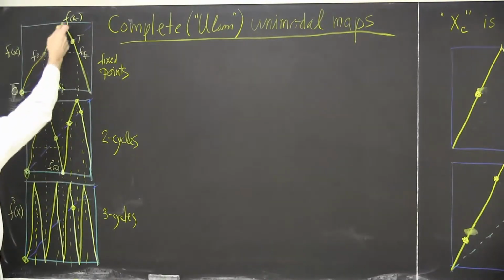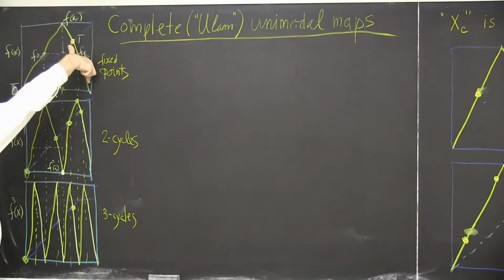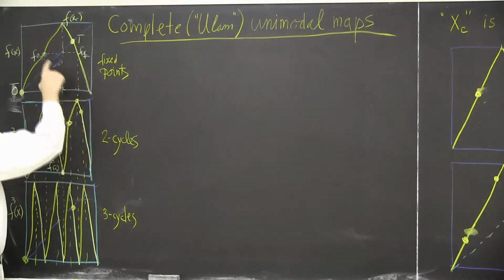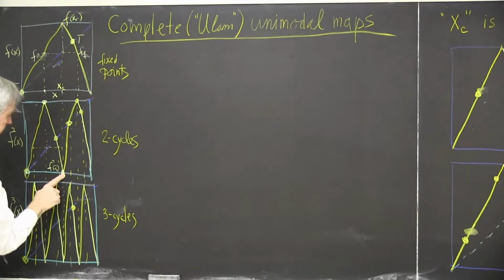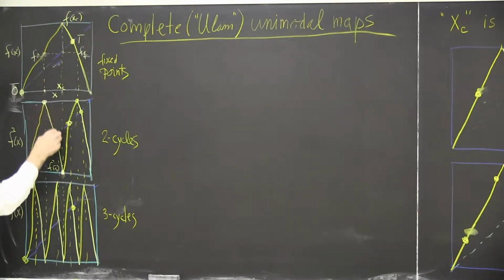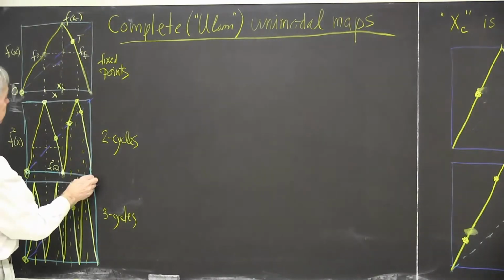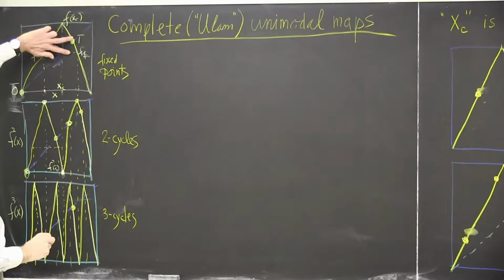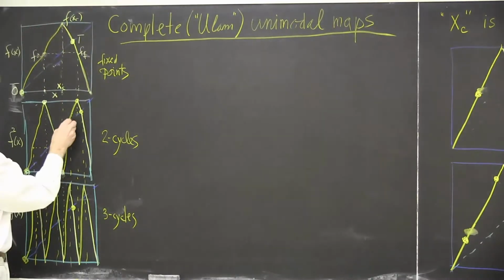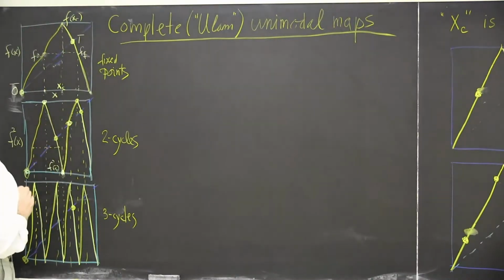What happens to this part? Well, this whole part maps onto that, and we know that one end is at 1 and the other one we already figured out is at 0. So there is a monotone branch going down. At this end, on a fixed point, it has a negative slope. So when we iterate it twice, we'll get a positive slope, so the map will go up.